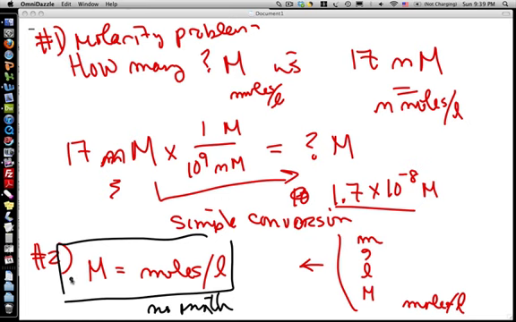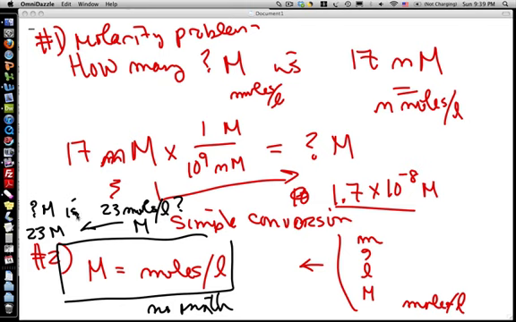It would be a problem where you'd say how many molar is 23 moles per liter. That's a conversion question. We don't have to do any math. We can just rewrite it. 23 moles per liter, that's molar, and there would be 23 molar in 23 moles per liter. And so sometimes we just need to make that switch.